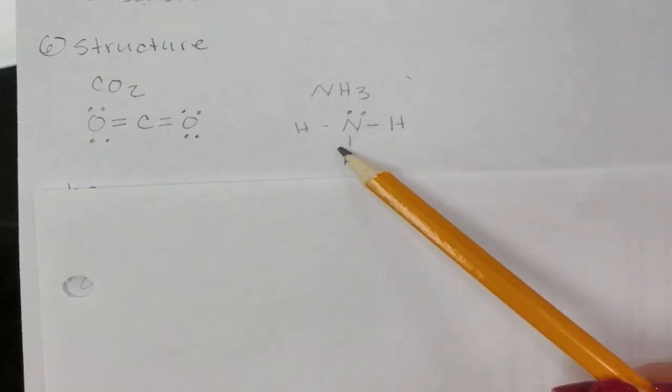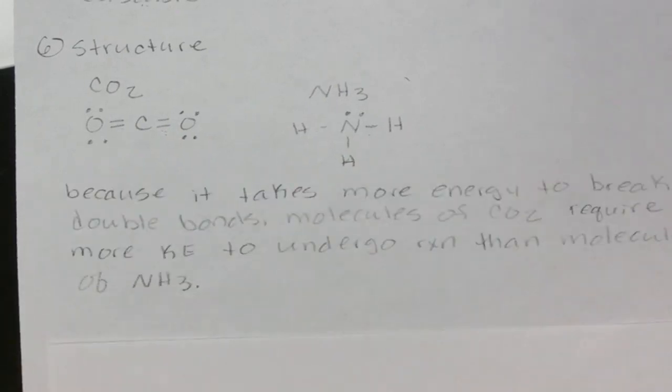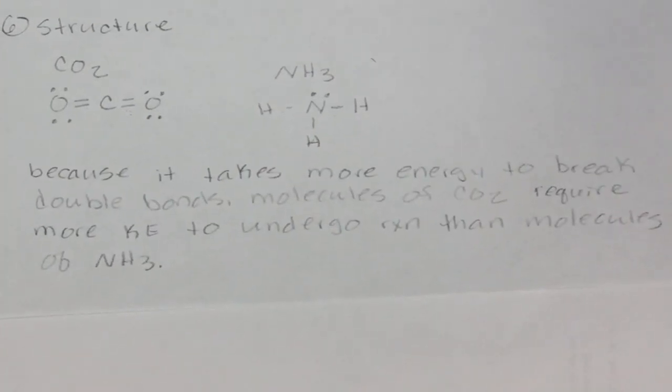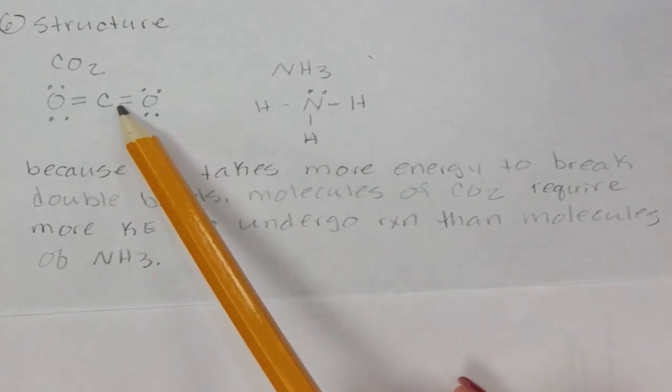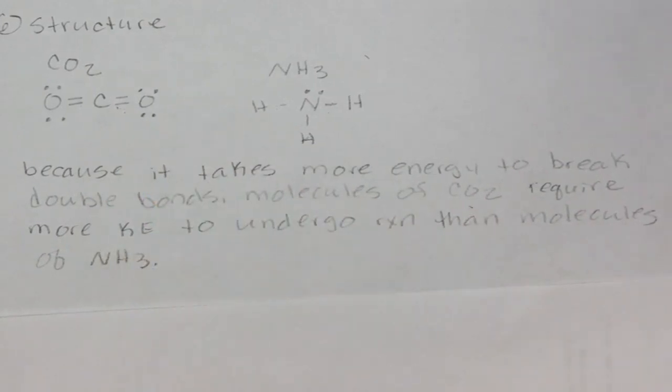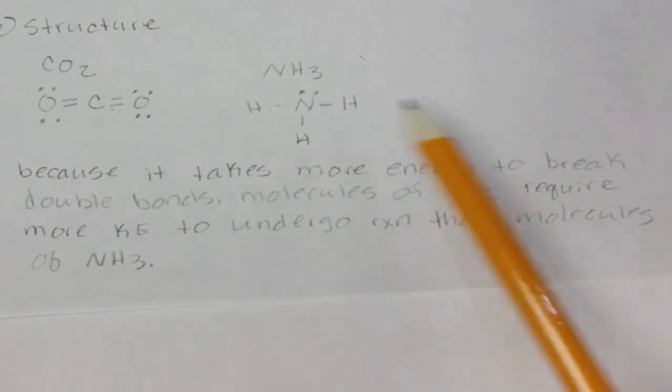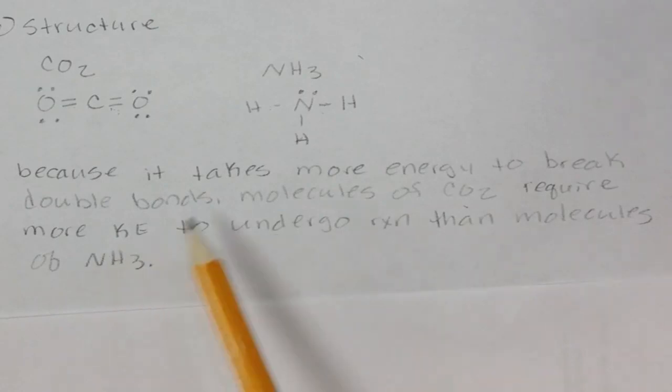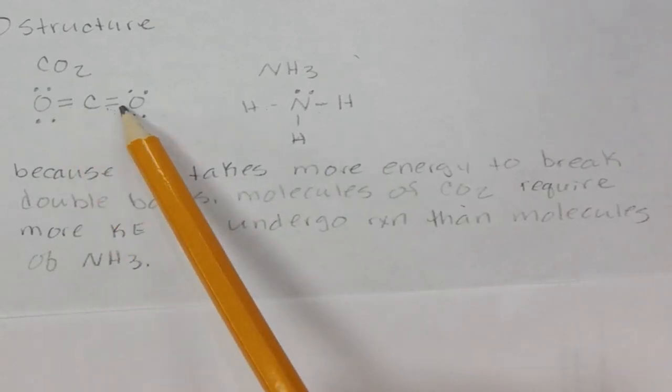So energy is required to break these bonds. Because it's going to take more energy to break a double bond, carbon dioxide is going to require more kinetic energy than the ammonia. So it's more difficult to break those bonds.